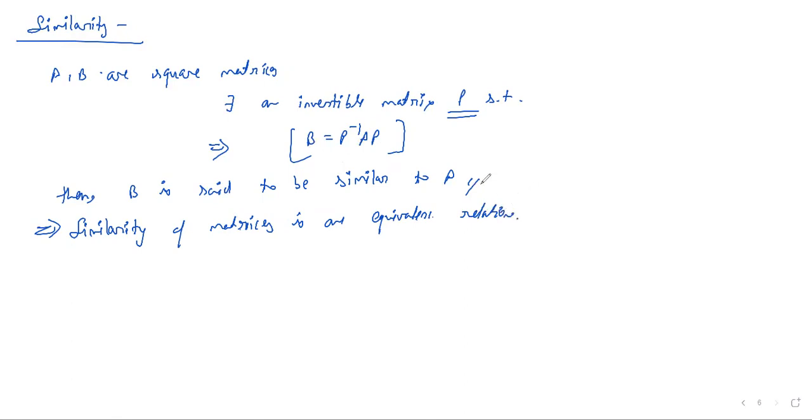So we have an equivalence relation, which is defined as follows if these three properties are satisfied, where A, B, C are three matrices.